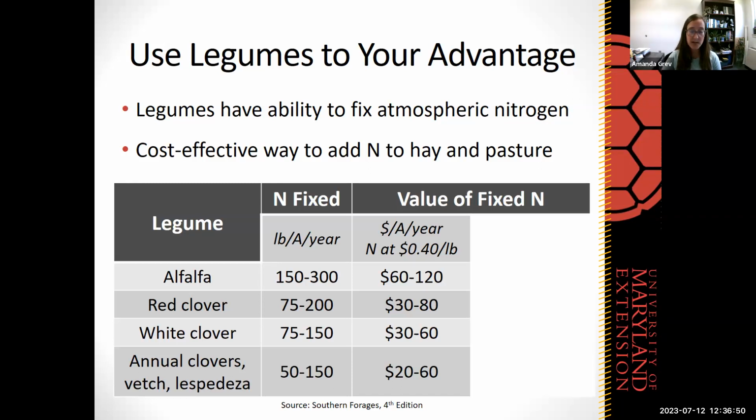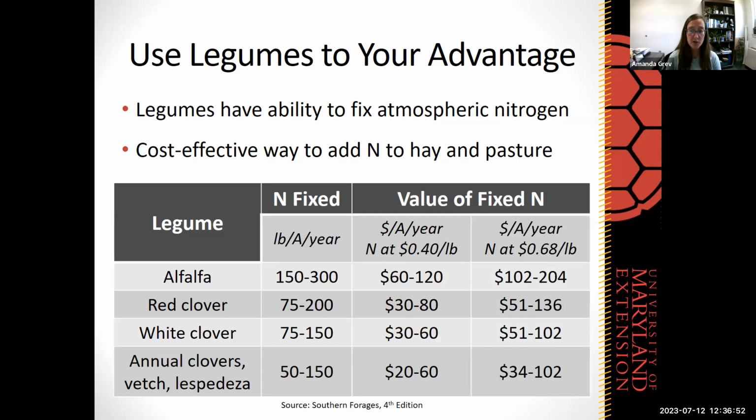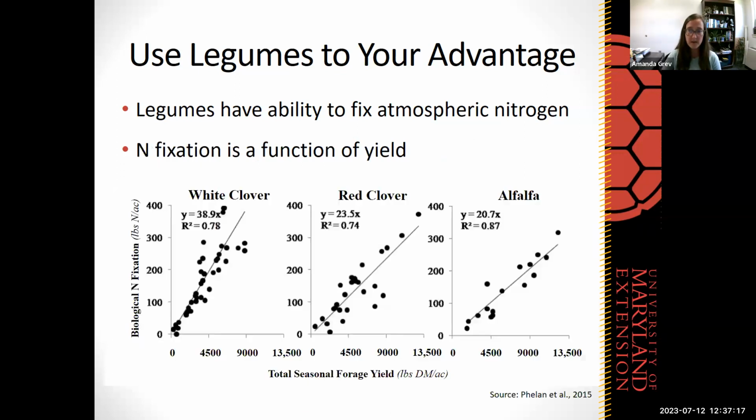Nowadays, when nitrogen prices are a lot higher, if we look at more current prices of 68 cents per pound, we can see, of course, that those dollar values are increasing. So we're looking at anywhere from $34 to $200 per acre per year if we try to put a dollar value on the nitrogen that's being fixed by those legumes. So you can see it's a very substantial amount of nitrogen that's being fixed by the legume species.